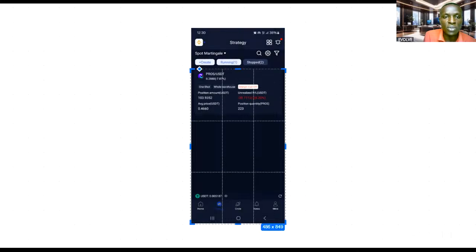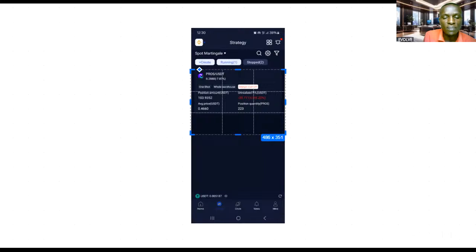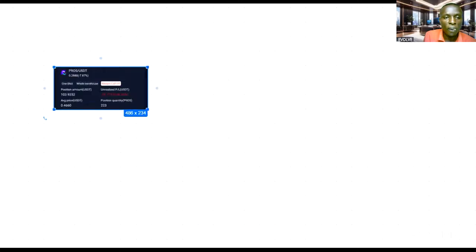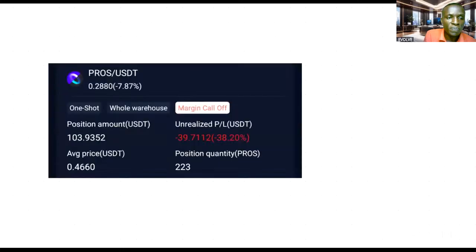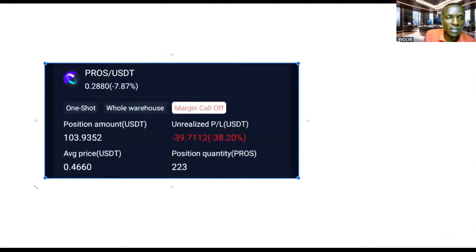Let's bring back our diagram here. I am saying our goal when we are trading is to see that our average price is lower than or close to the current market price.